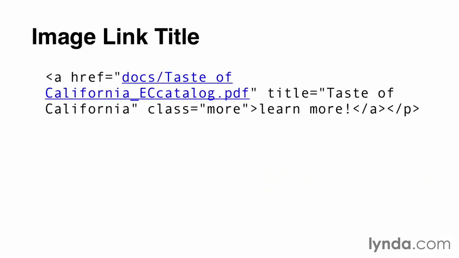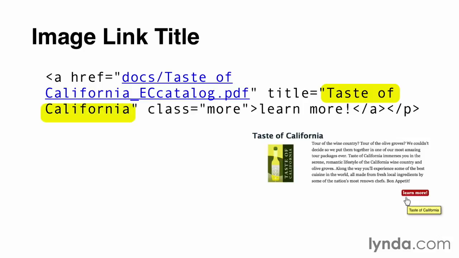We can also look at the link title. Now, this is another attribute beyond the alt attribute that provides a little bit more information. So in this example, we're linking to a PDF and we can create a title. And our title is "Taste of California." And this is what it looks like when someone mouses over the link. They get a little tooltip. That's that yellow box that pops up underneath the mouse.